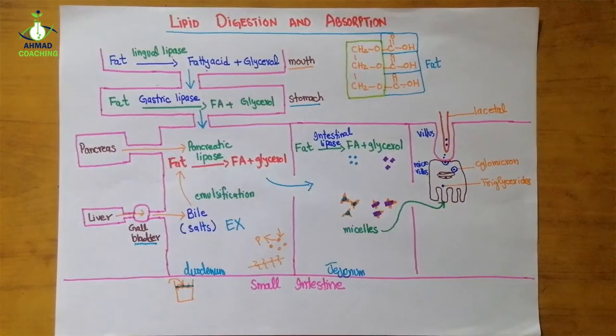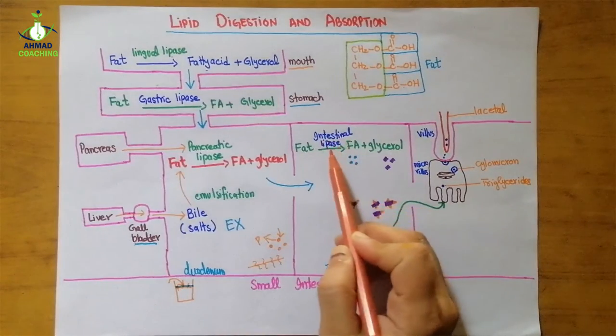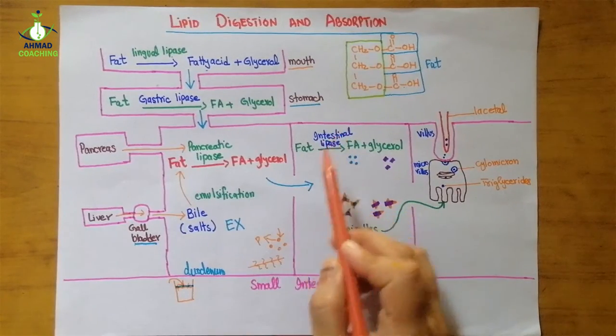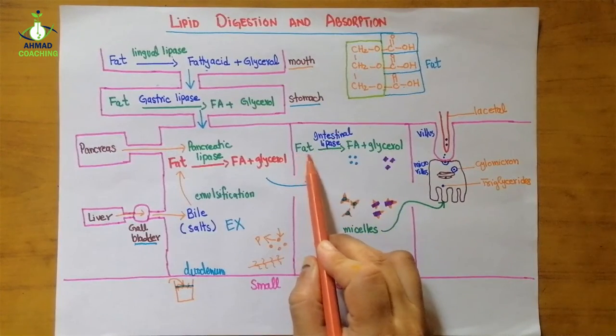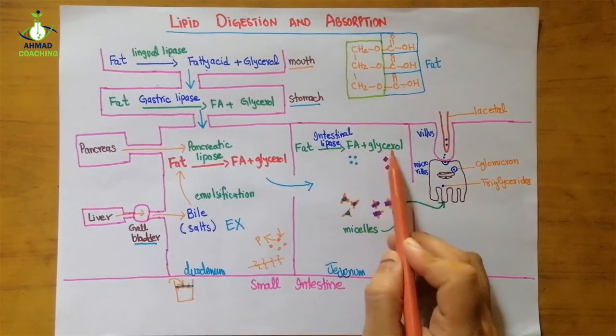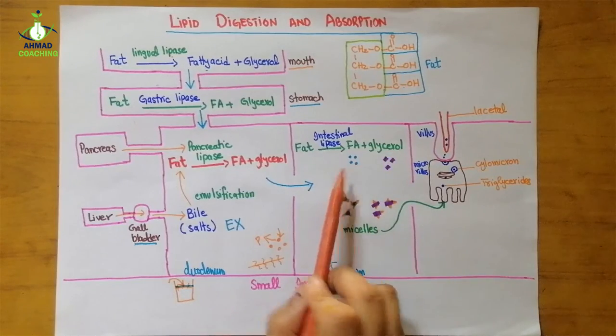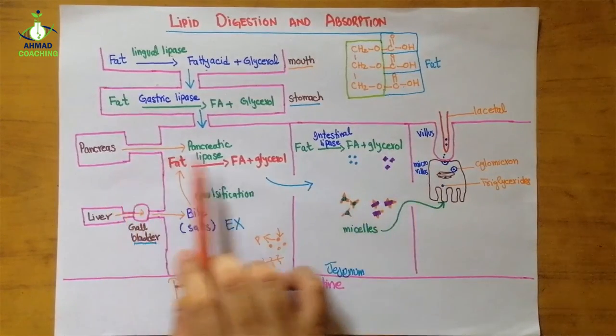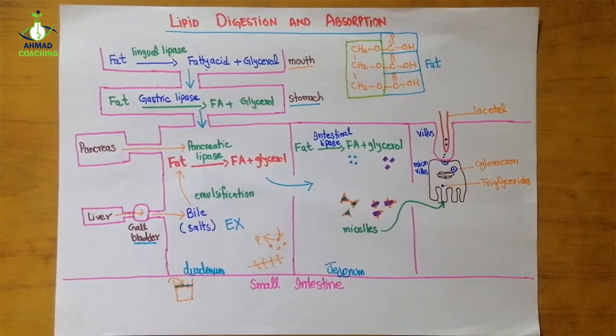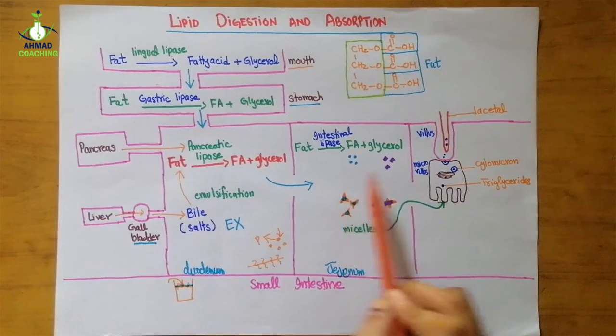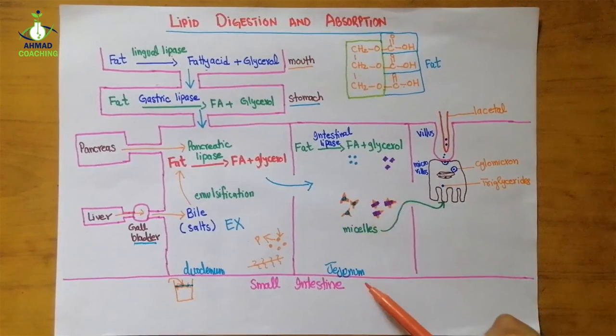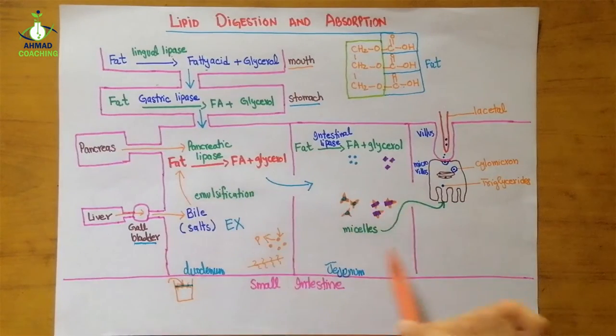In the jejunum, we have intestinal lipase, and this intestinal lipase will further convert the fat into fatty acid and glycerol. In this way, the maximum amount of fat present in the food is digested. Now the end products, fatty acid and glycerol, are present in the jejunum. Until now, the digestion of lipid is completed.